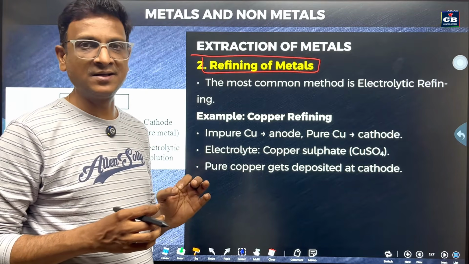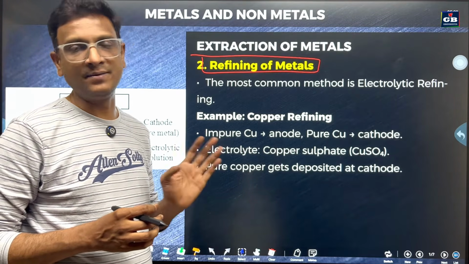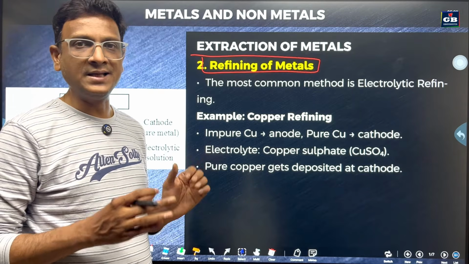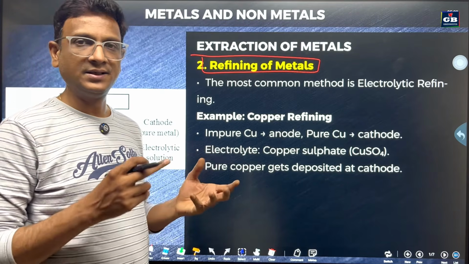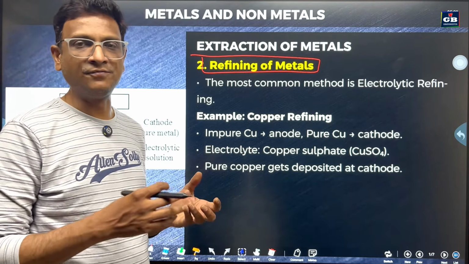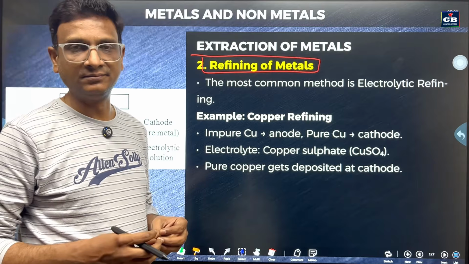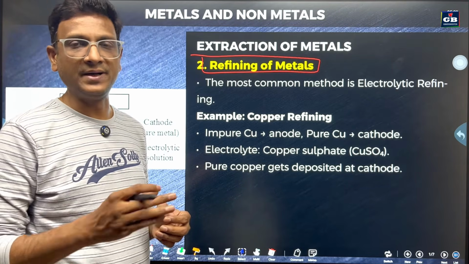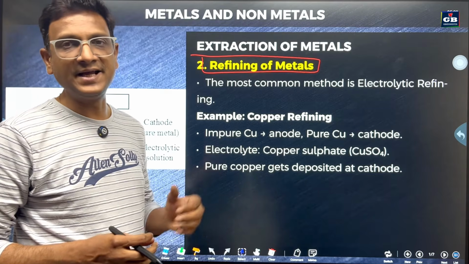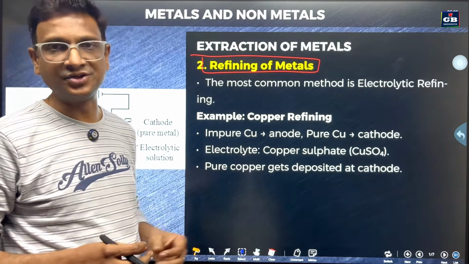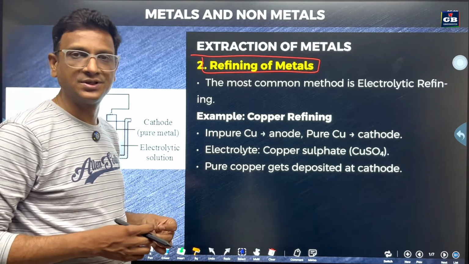Highly reactive metals are extracted by the electrolytic method. The medium reactivity metals are extracted by roasting, calcination, and then reduction, by reducing into metal oxides and finally to metals. Least reactive metals are also done by roasting and reduction. These are the general methods used.